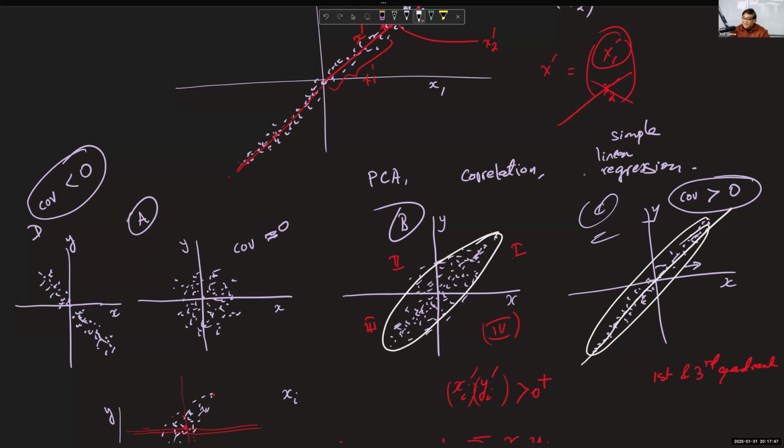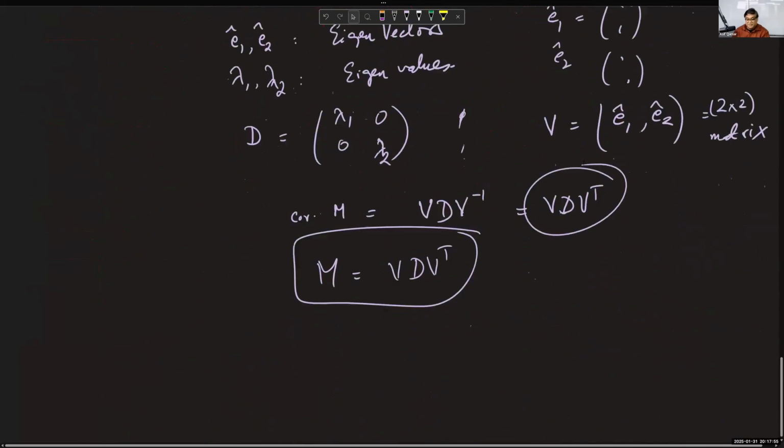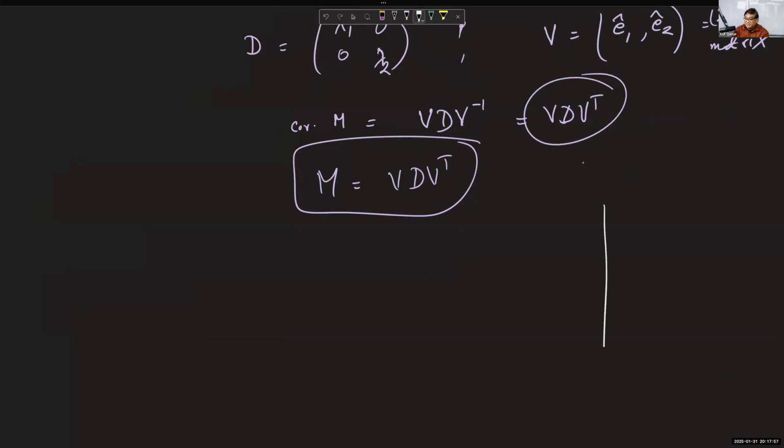But in C, would you agree that it doesn't matter? If I were to exaggerate C into a D, let's say, suppose I were to exaggerate it even more into this situation, right? Now, suppose I look at this, would you agree that the second axis value doesn't matter to the first approximation?